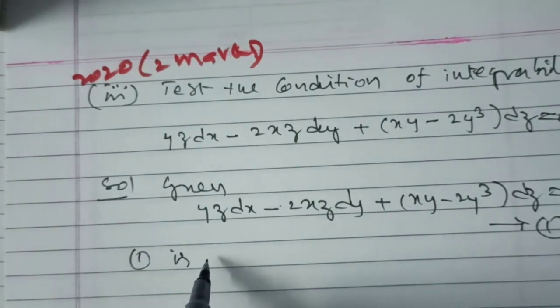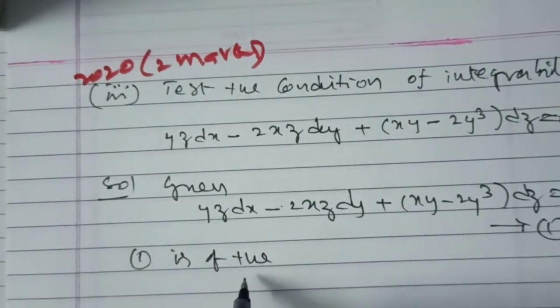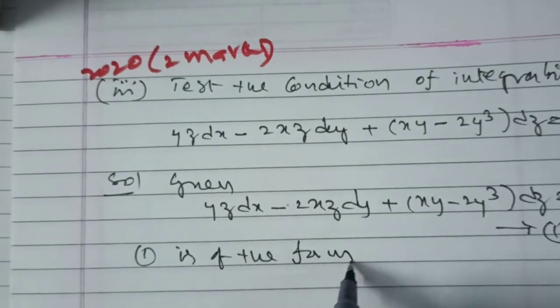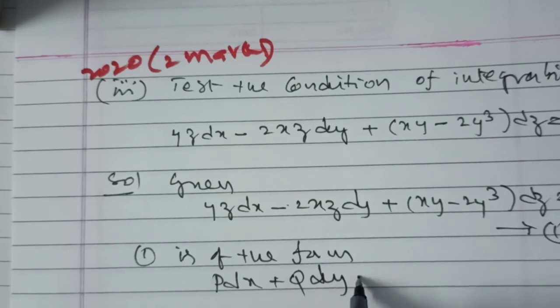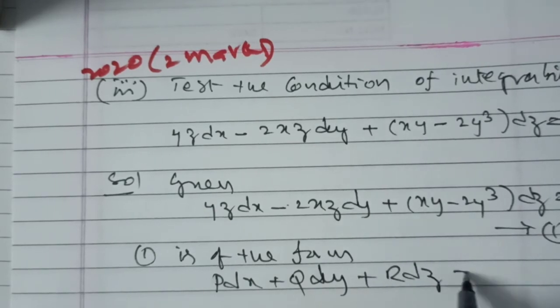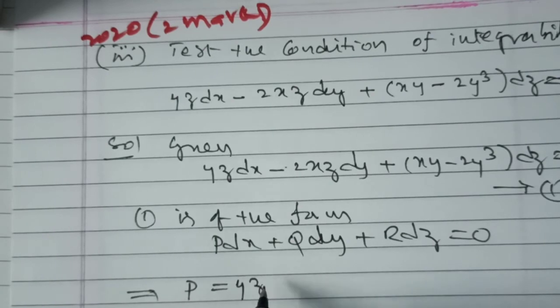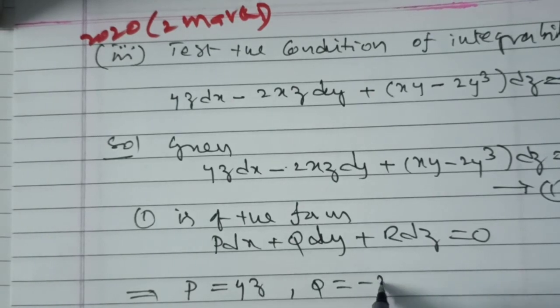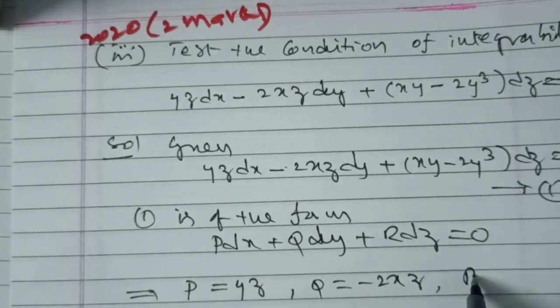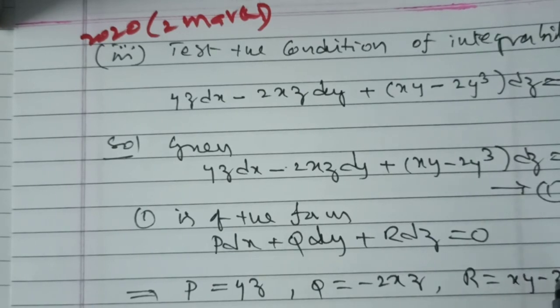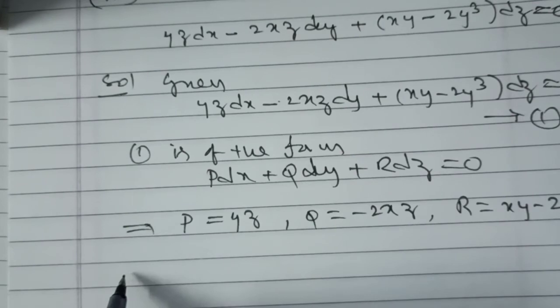It is of the form P dx plus Q dy plus R dz is equal to 0, which implies P is equal to yz, Q is equal to minus 2xz, R is equal to xy minus 2y³.